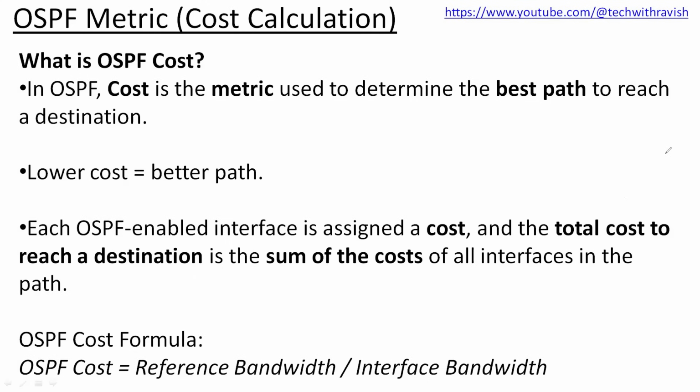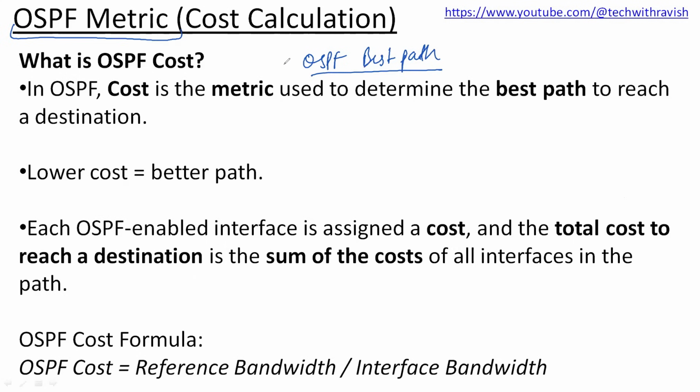Hello everyone, welcome back again. Today we are going to discuss the OSPF metric. The metric value is important because OSPF chooses the best path on the basis of the lowest metric value.